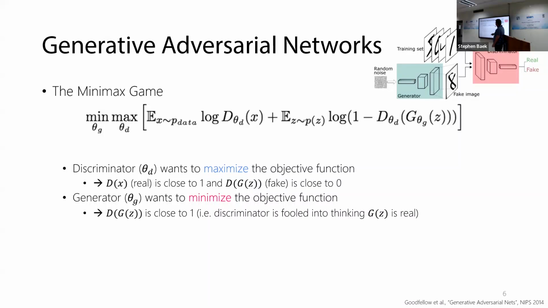However, from the generator's perspective, we want to fool the discriminator so that the fake image generated by the generator gets fed into the discriminator, and the discriminator gets fooled and starts to believe that it looks real.